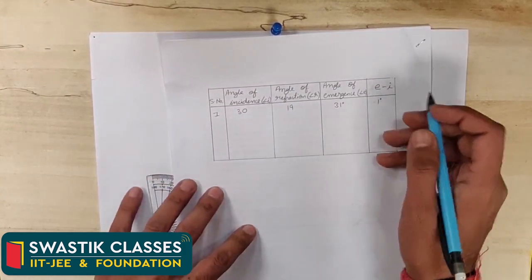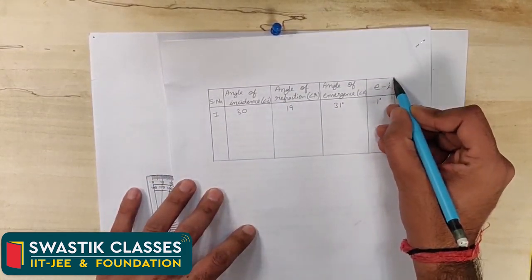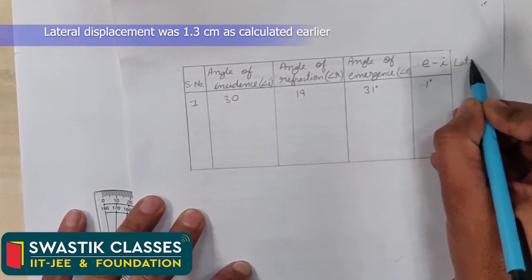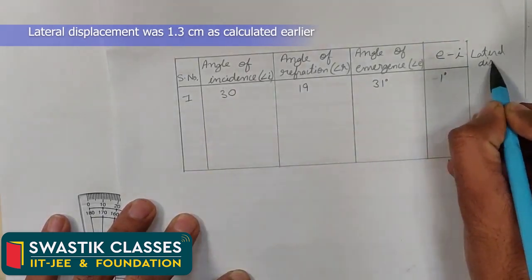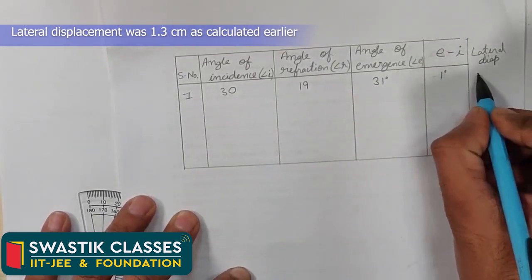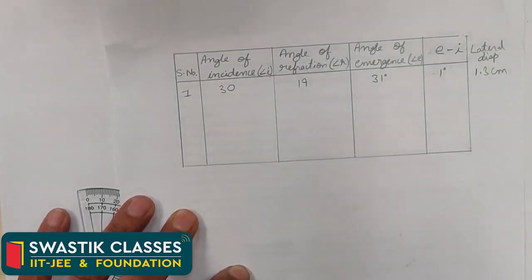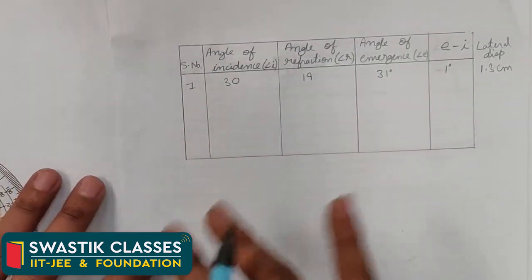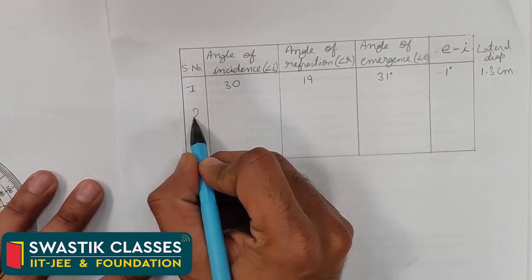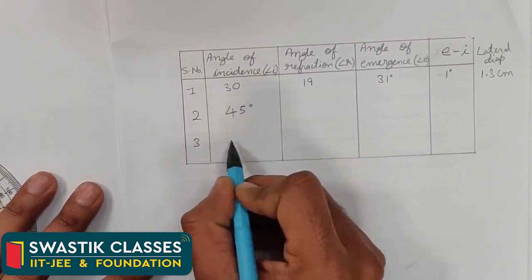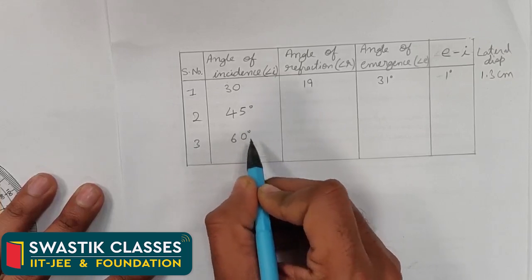You can also add a column for lateral displacement, which is 1.3 centimeters in this case. Now you have to repeat the same procedure for angles of incidence of 45 degrees and also 60 degrees.